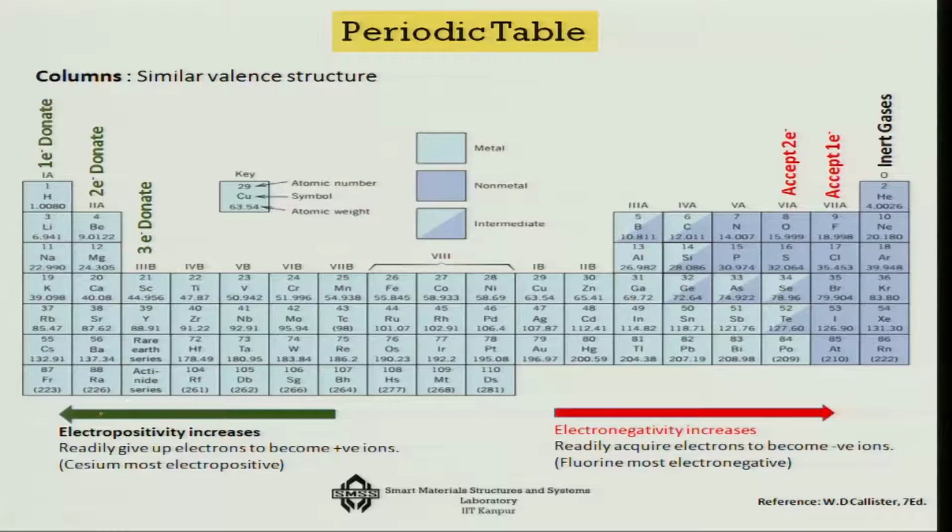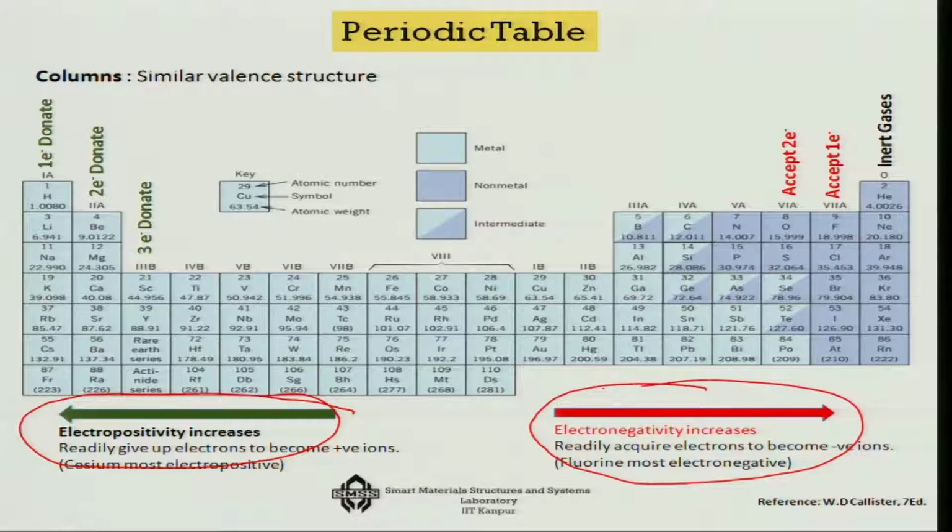One is how the electropositivity is changing, which talks about how readily the atoms can give up electrons, and just the counterpart, how the electronegativity changes. That means the capacity or the eagerness to acquire electrons, how that changes.